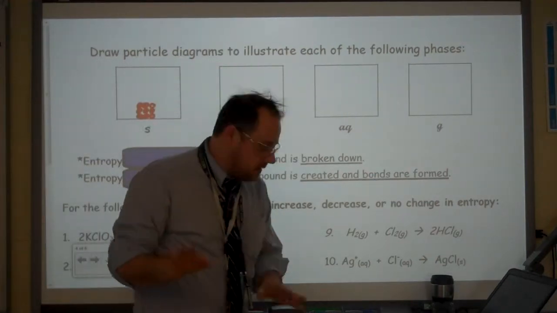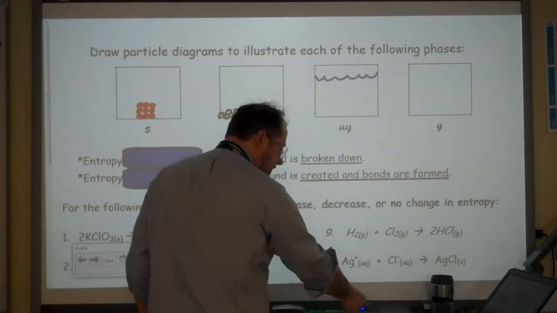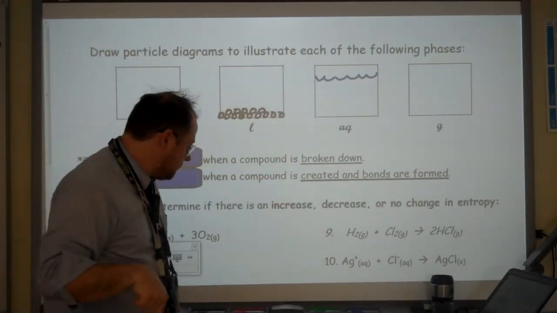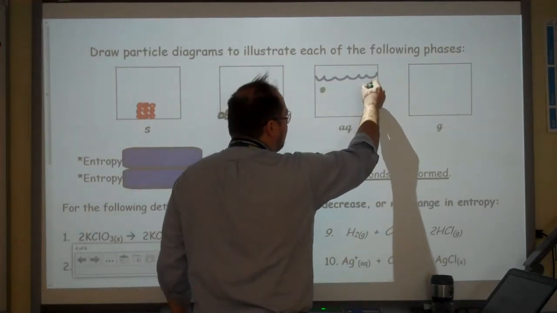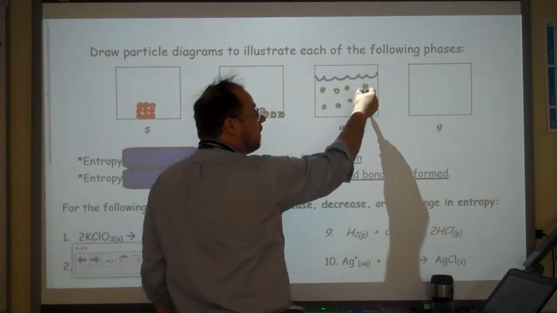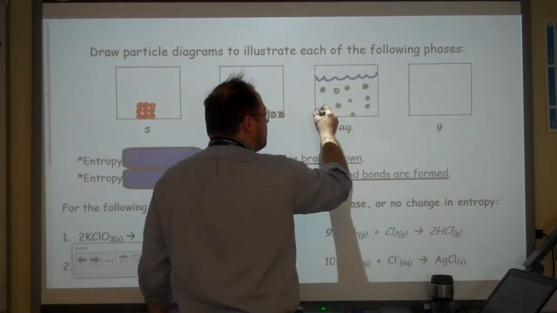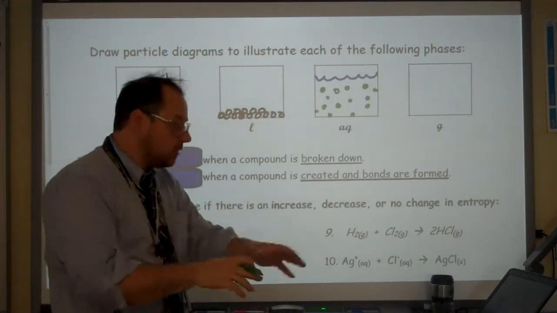Aqueous. Aqueous is unique because you have to show that there's water involved with little boat waves. And then you have to put the particles in there as if they were dissolved, kind of hanging out. So they're in the water, but they're not in the air above the water, and they're all over the place, touching all the different walls, all that kind of business. They're dissolved, floating around in there.